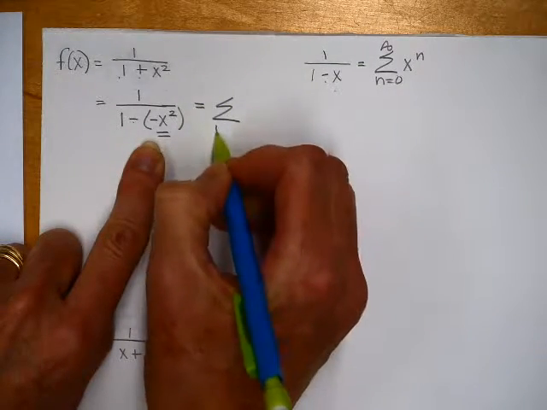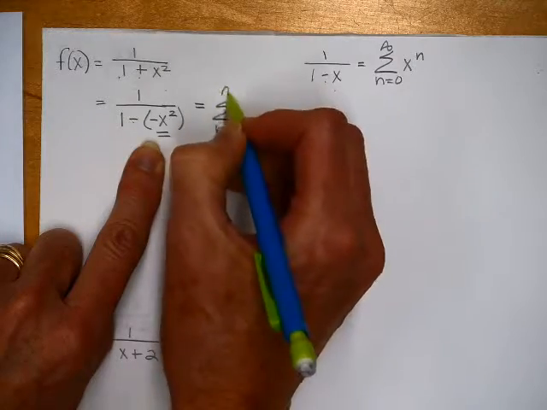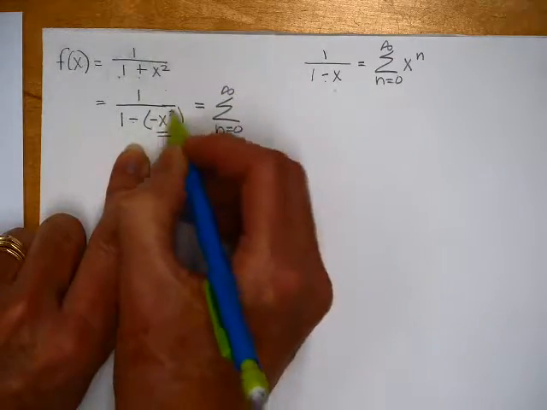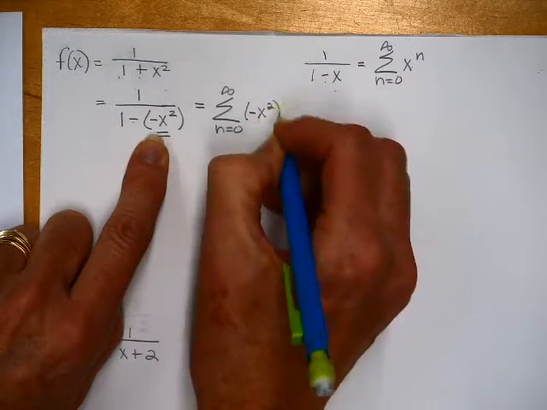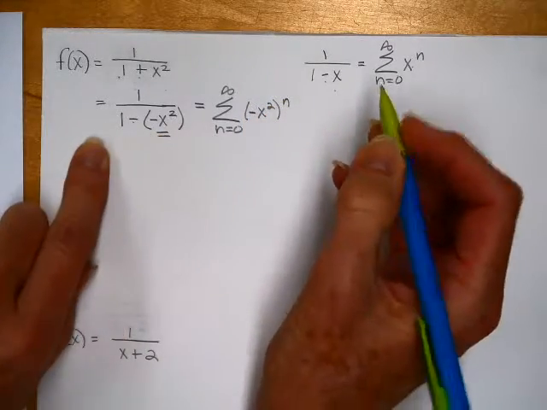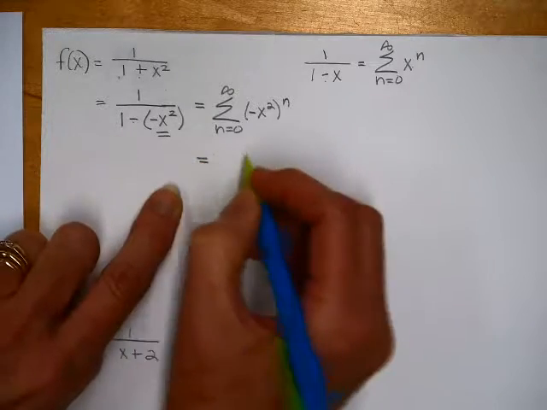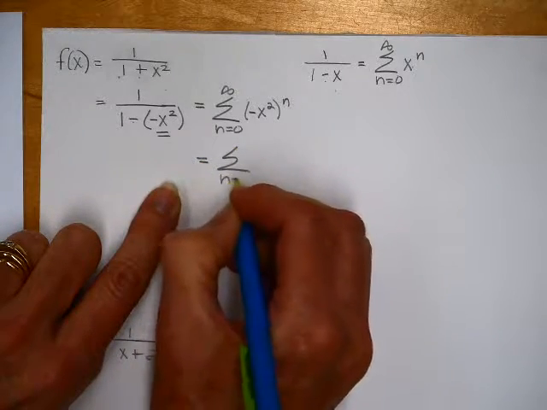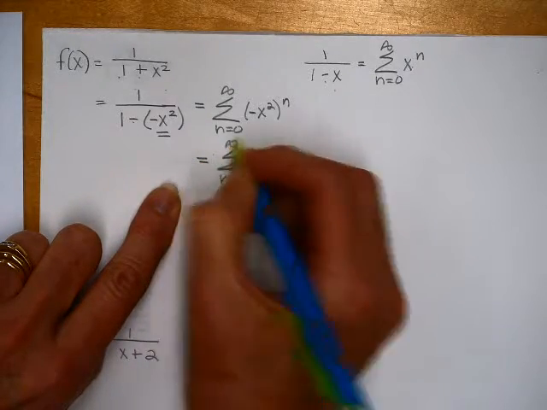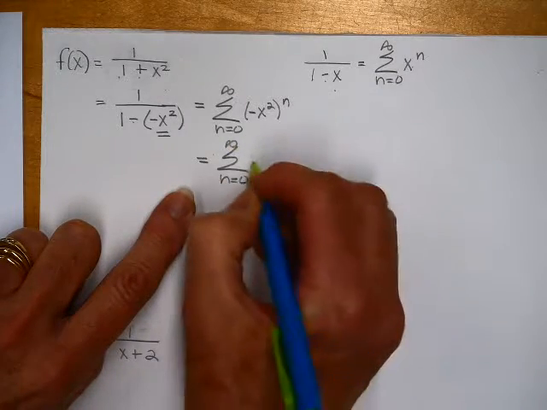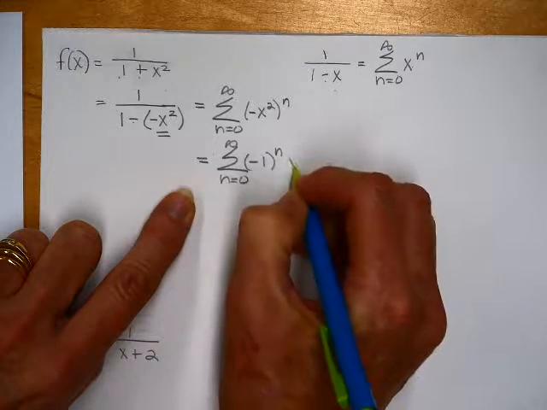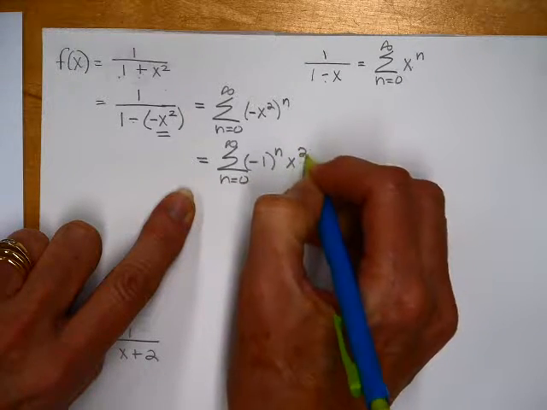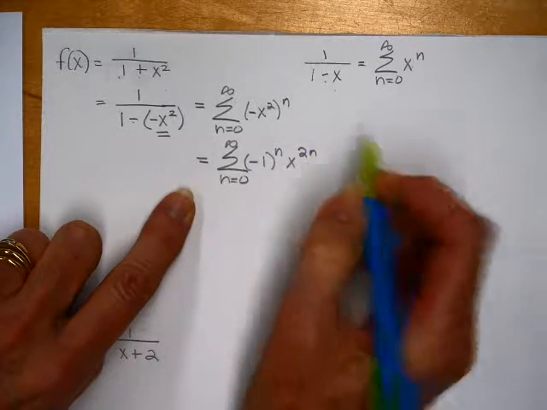This then is going to replace the x in my formula. And this is the power series from n equals 0 to infinity. All of this is replacing this x. This is negative x squared to the nth power. Simplifying a little bit, this is the power series from n equals 0 to infinity of negative 1 to the nth power times x to the 2n.